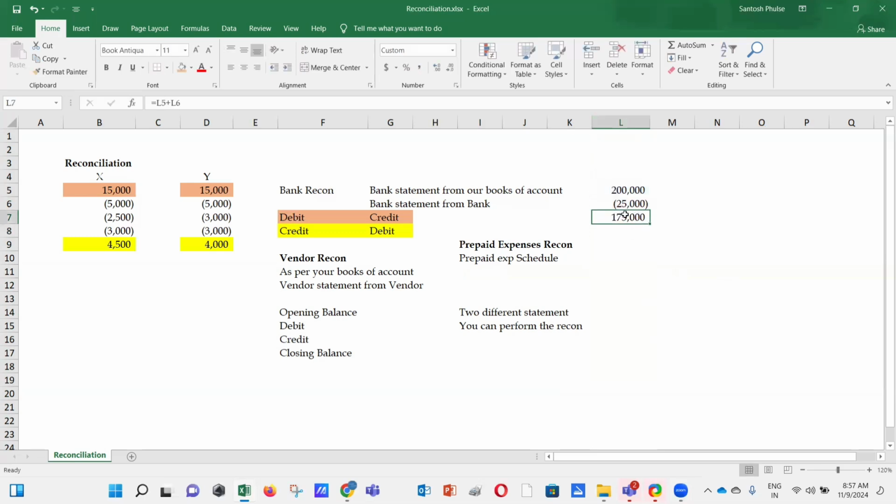This is the balance as per our customer, that's a payable. Our books of account say 2 lakh, and as per his books of account it is 1,75,000. And why is this 25,000 invoice not recorded by our customer?